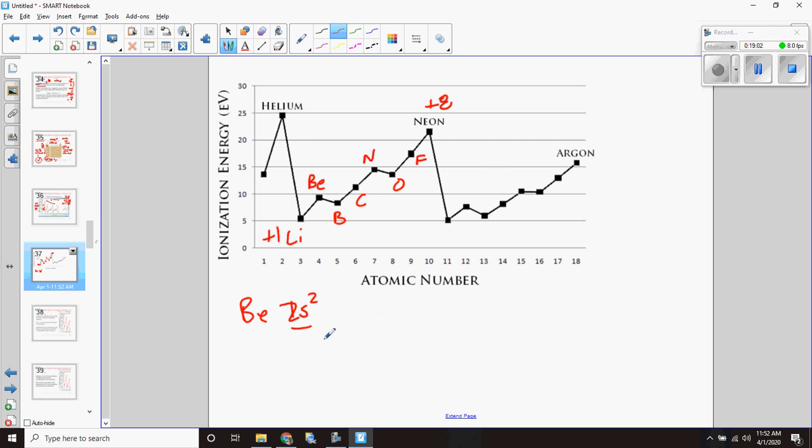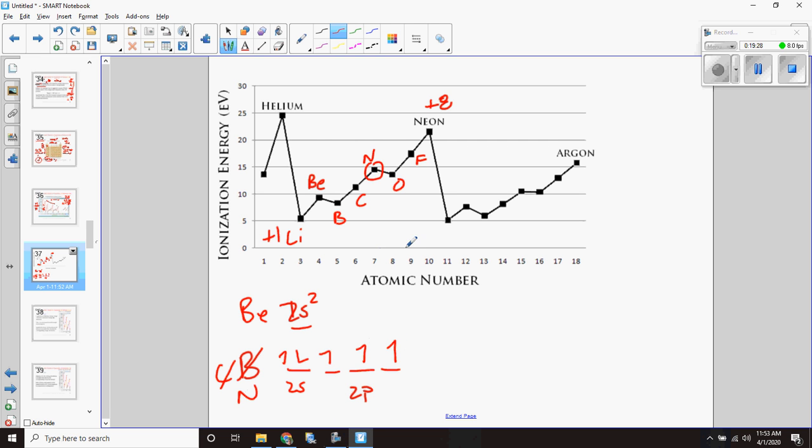If you look at orbital notation, boron has a 2p electron. It has a 2s that is filled, spin up, spin down, and it's got one electron in the 2p. Carbon puts another 2p electron in here. Nitrogen does one better. Nitrogen puts in the third 2p electron.